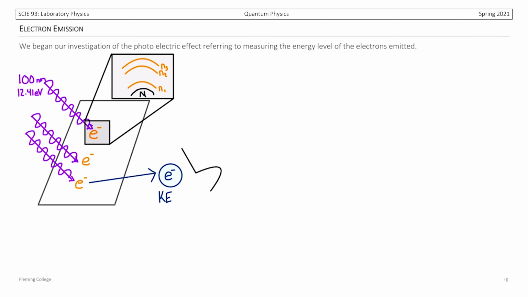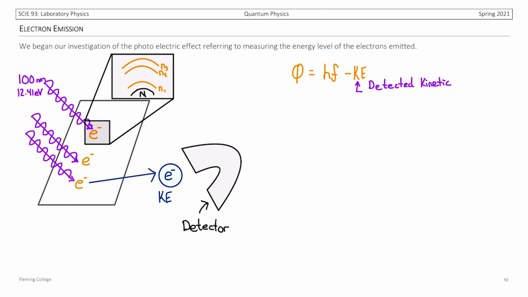The way we actually use this is that we will have a controlled applied ultraviolet light, and we choose ultraviolet because of how much extra energy it brings with it. And we'll have a detector that will measure the kinetic energy of a photoelectron, which means if we rearrange our previous equation as phi is equal to hf minus kinetic energy, we've detected the kinetic energy.